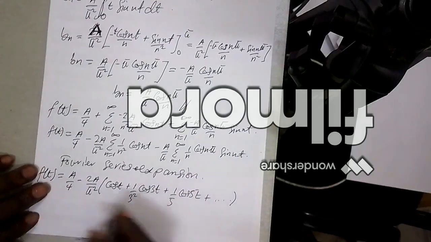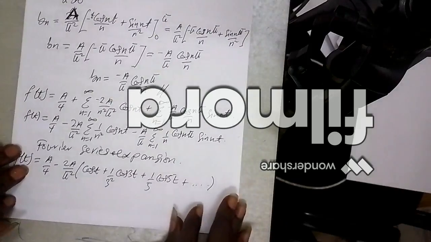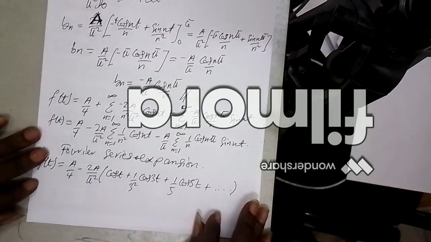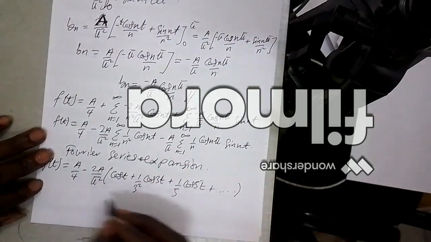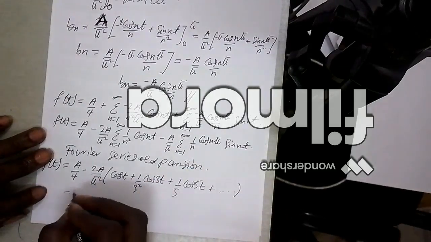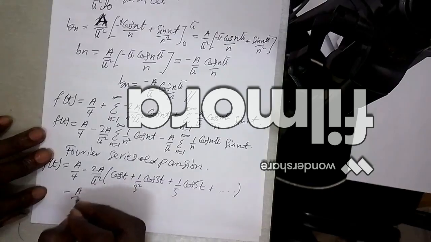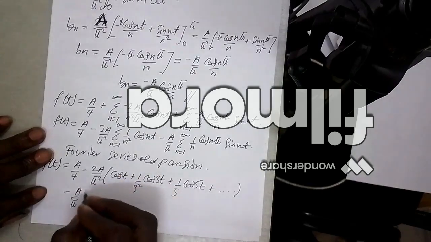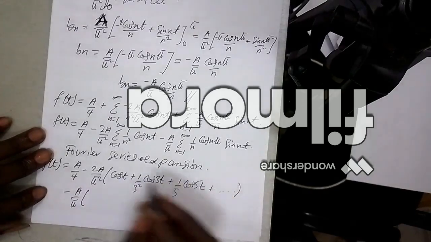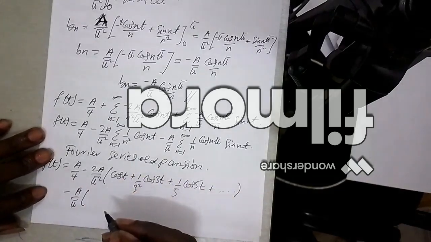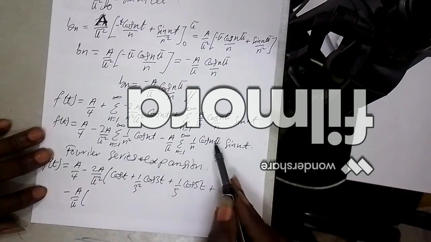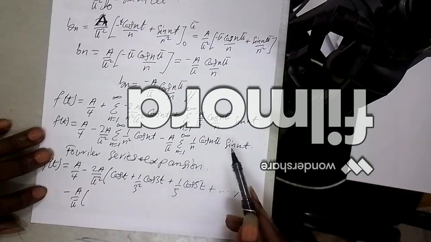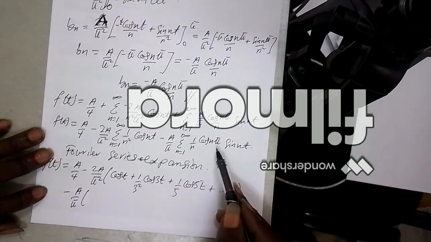Now the next one is our bn. The bn is going to be minus a over pi into the summation that we're going to put inside. If you put 1 here, cos pi, what is cos pi?